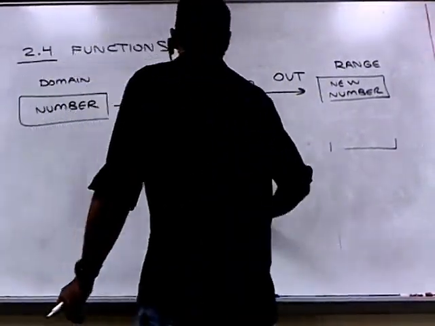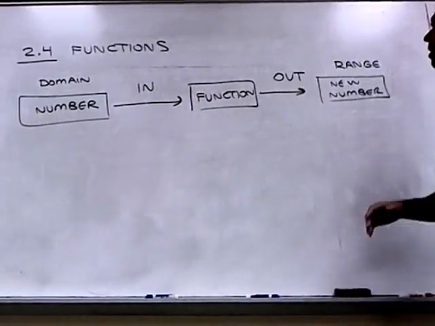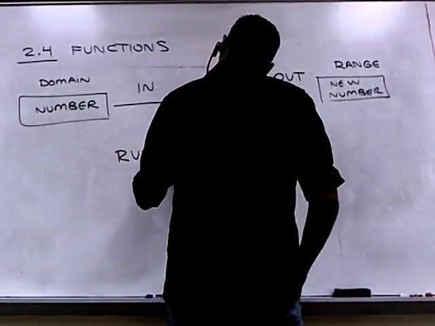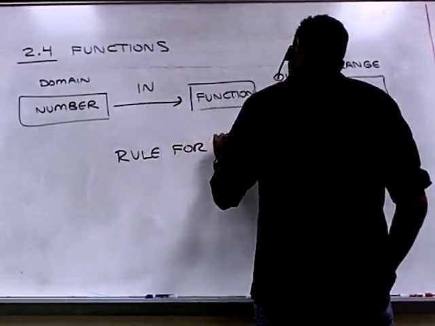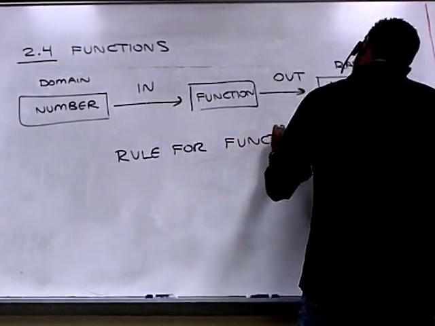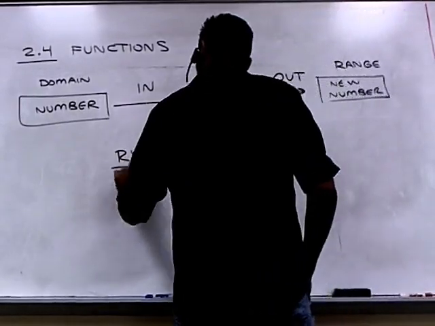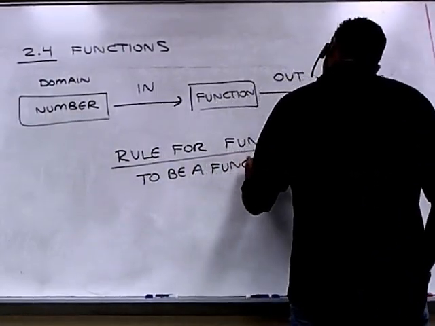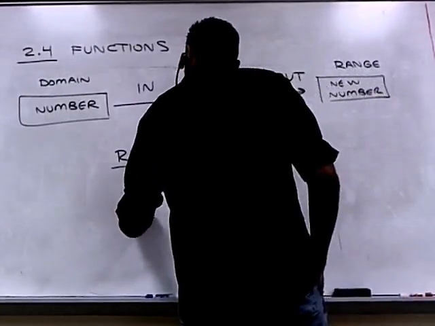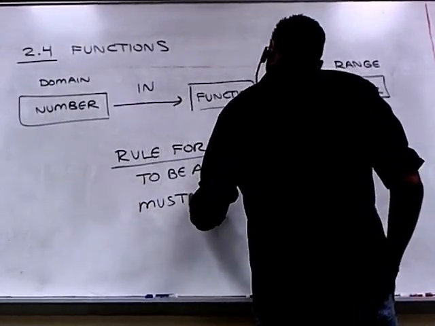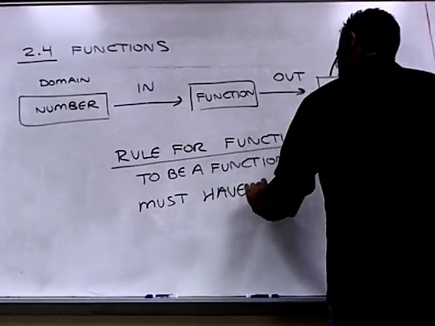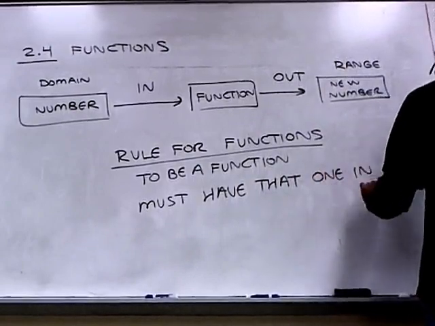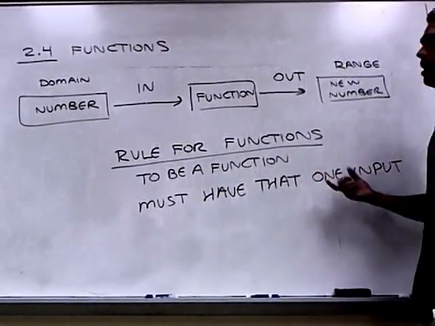Now, we do have an important rule with functions that all functions have to follow. And this is the rule. Rule for functions. To be a function, you must have that one input, is it okay if I say input? That means one in, right?